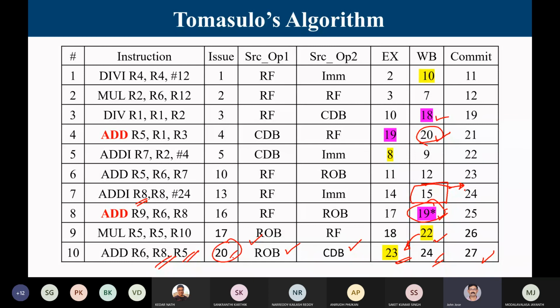Okay. Any questions you can ask, or else we will end the class now. This session was only for problem solving and numerical understanding. In the back of the textbook, Hennessy and Patterson, many things are given, and tomorrow we'll start cache memory.